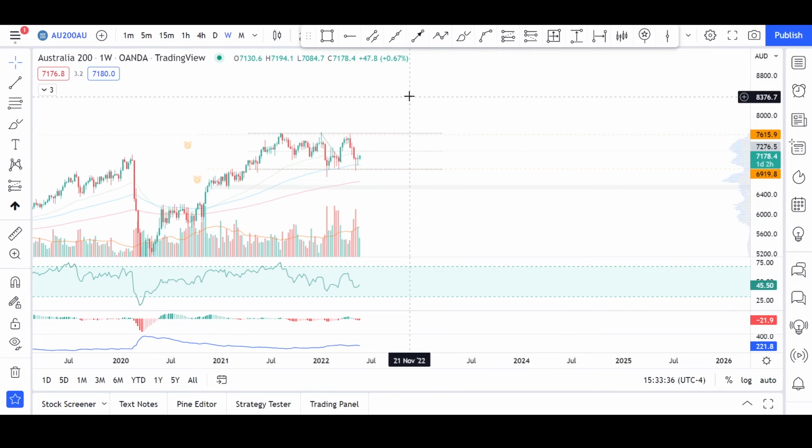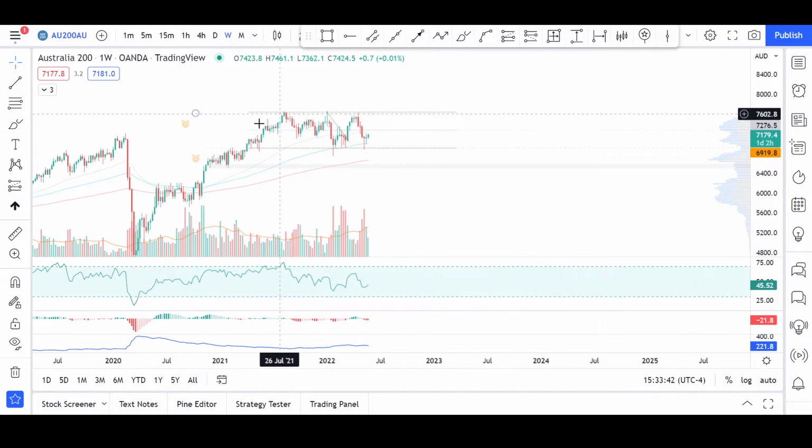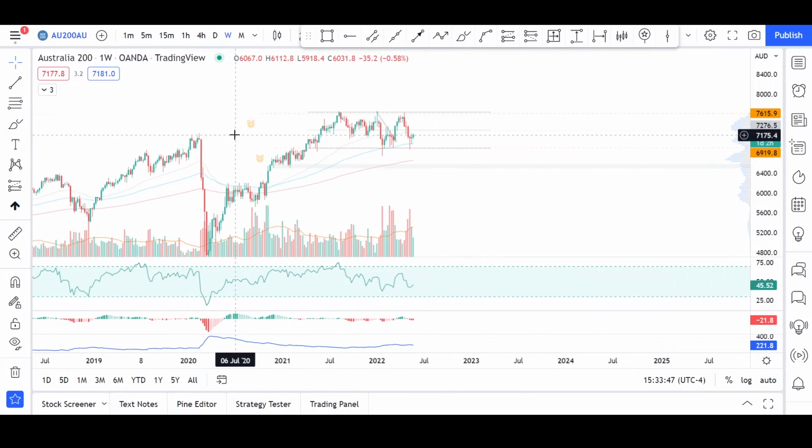In terms of Australia 200, we are consolidating on a historical tops area. We have lowered the level that was recently set on those peak areas, back to around the low 7,000 area in price.